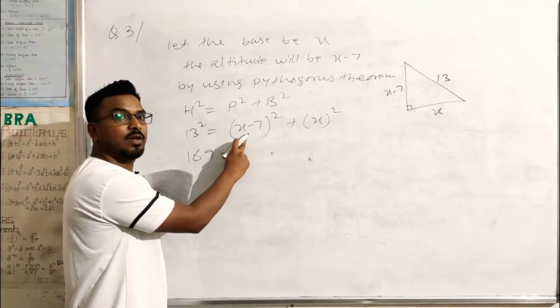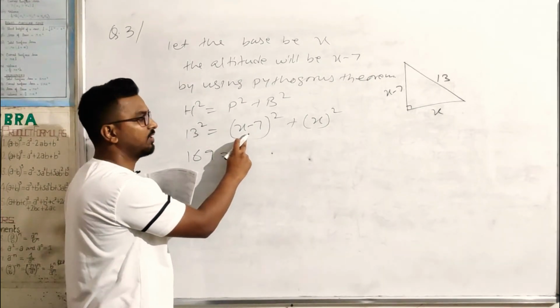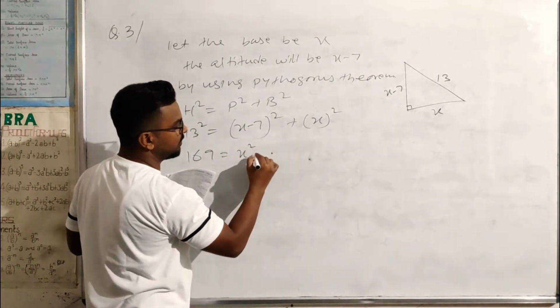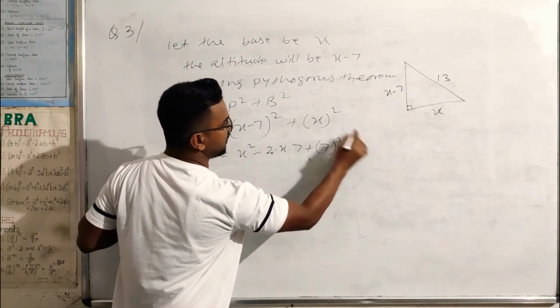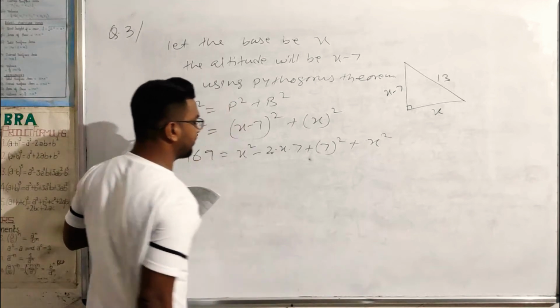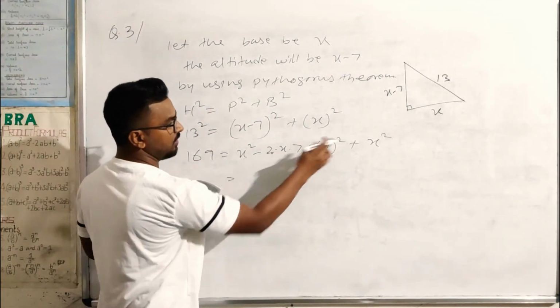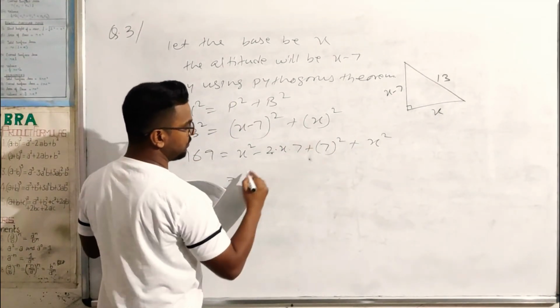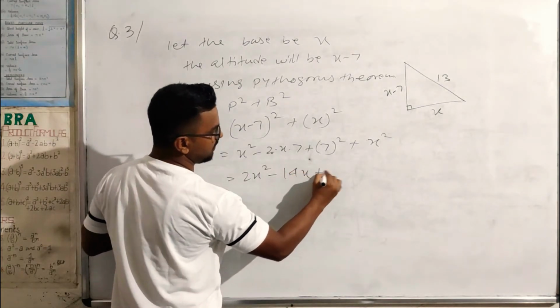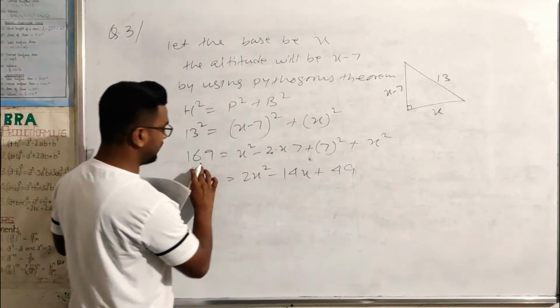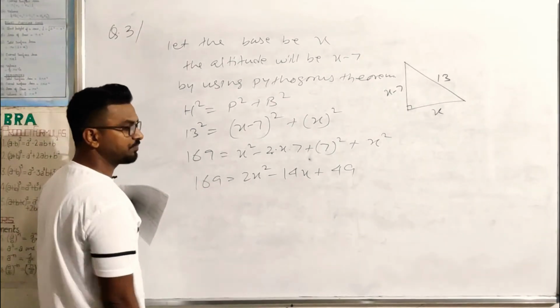This will follow which formula? The a minus b whole square formula. So this can be written as x square minus twice x into 7 plus 7 square, plus x square. Now if you solve, x square plus x square will be 2x square, minus 14x plus 49, and this will become 169.